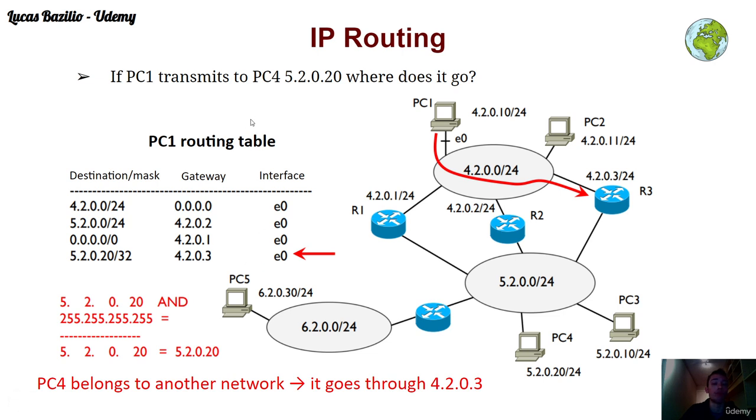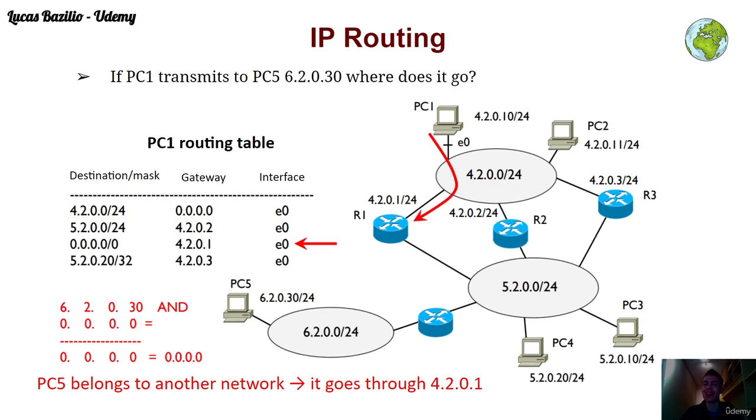That is why, following the longest match principle, we need to go through the router R3 and not through the router R1 or through the router R2. This is how the routing tables are established, and also consider the paths to go to the PCs following this principle, the longest match principle.